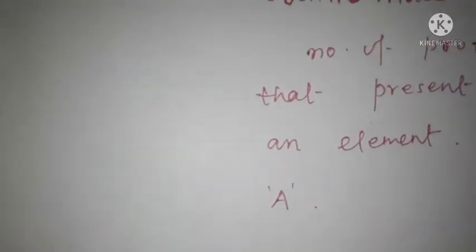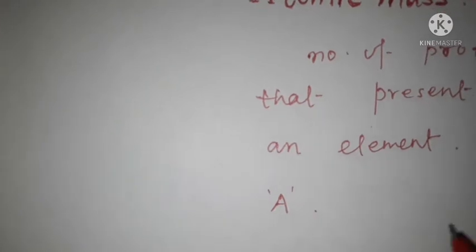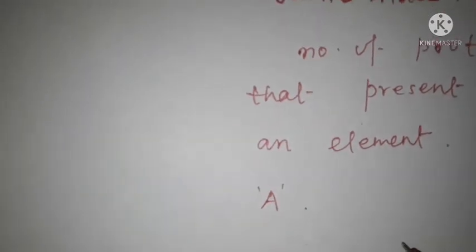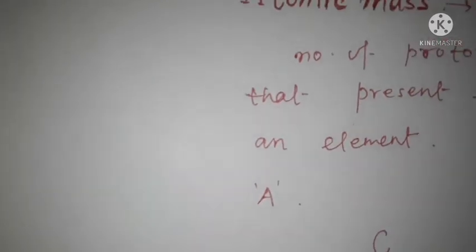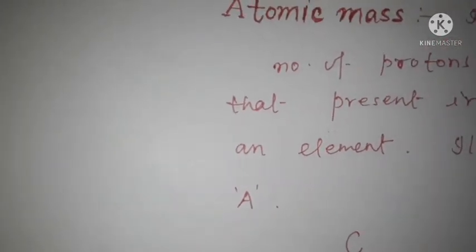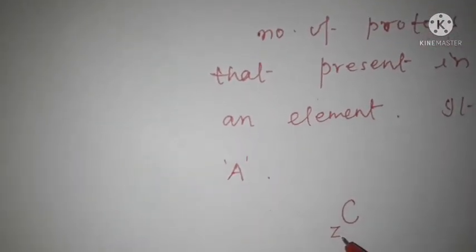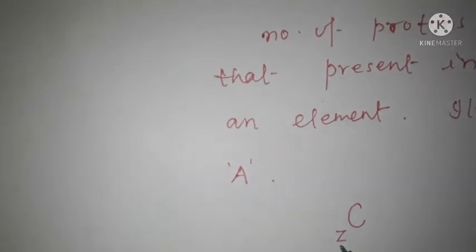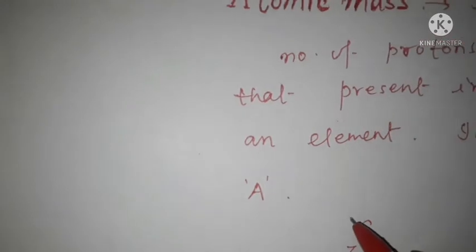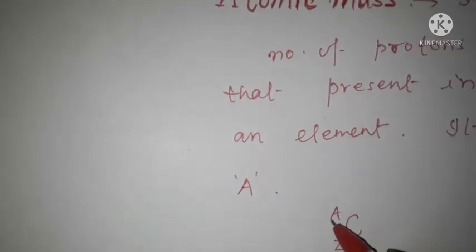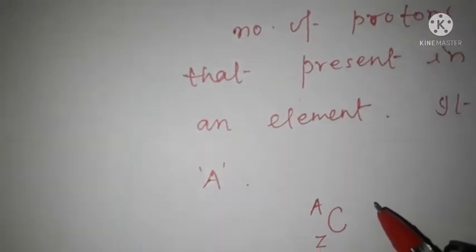Now before this we learned about atomic number. If we take the example of carbon, just below it we have denoted Z, the number of protons, as the atomic number, and it is denoted as A. It represents the atomic mass.